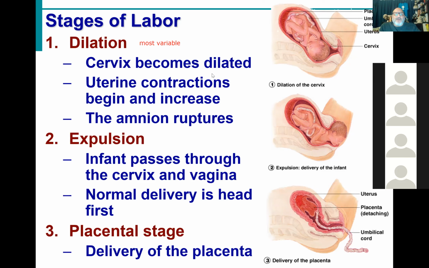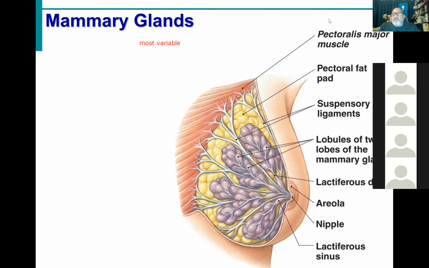All right, we've gotten baby out, and then there's really just one more thing we need to talk about. Again, we cannot talk about the female reproductive system without talking about the mammary glands. As we talked about, the breasts in a male and in a female who has never been pregnant are almost exclusively areolar and adipose tissue.